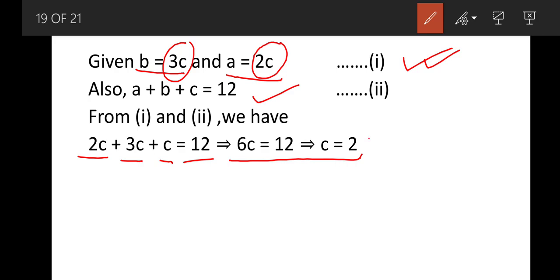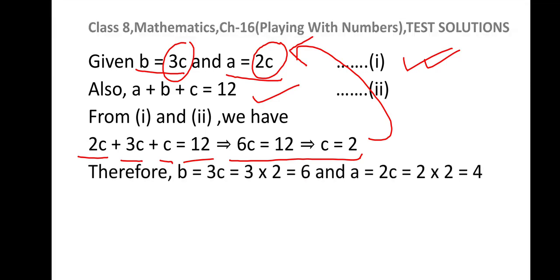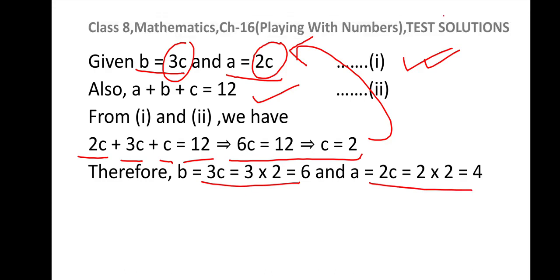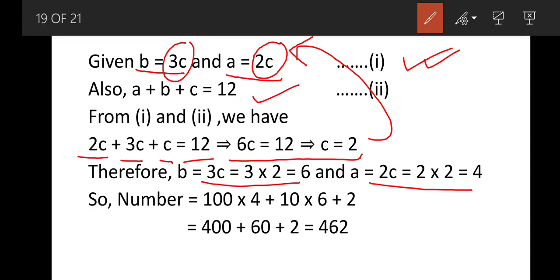Then putting the value of C in equation 1, we get the values of B and A. B will be 3 into C, that is 6. A is equal to 2 into 2, that is 4. So we got the digits A, B and C, and we got the number. It will be 100 into 4 plus 10 into 6 plus 2, that is 462.